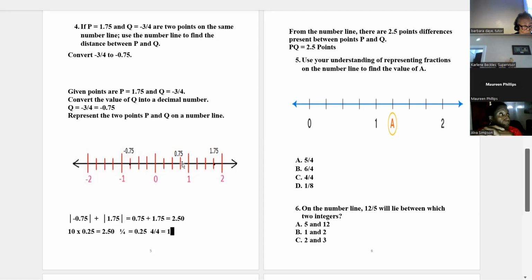Very good. 3/4 is the decimal 0.75. 4/4 is the whole number 1. Then you add another fourth, Alva. What would this point be right here, right next to the 1? That would be 1 and what? 1 and what fraction?